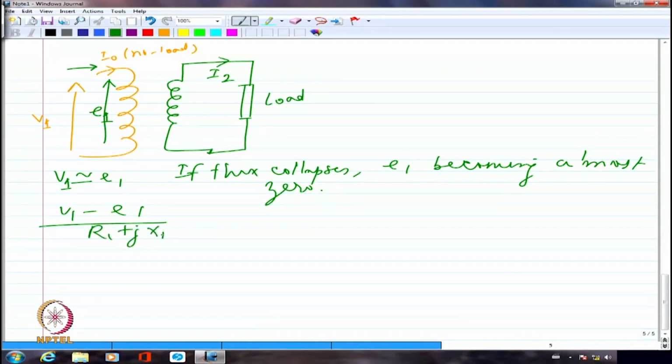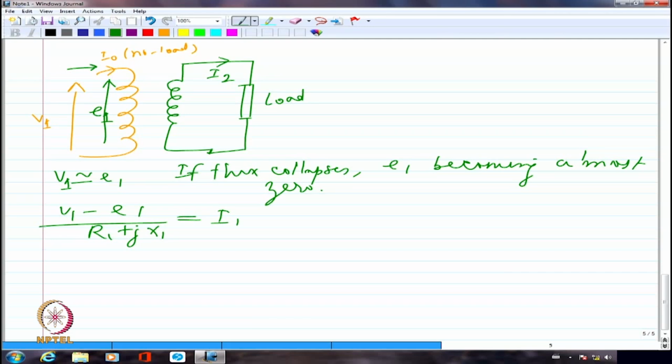That will be my I1. And this I1, what I get as the primary current under load condition, will bounce back to such a value that it will be exactly equal and opposite to the secondary ampere turns or secondary MMF I got because of the load being connected.